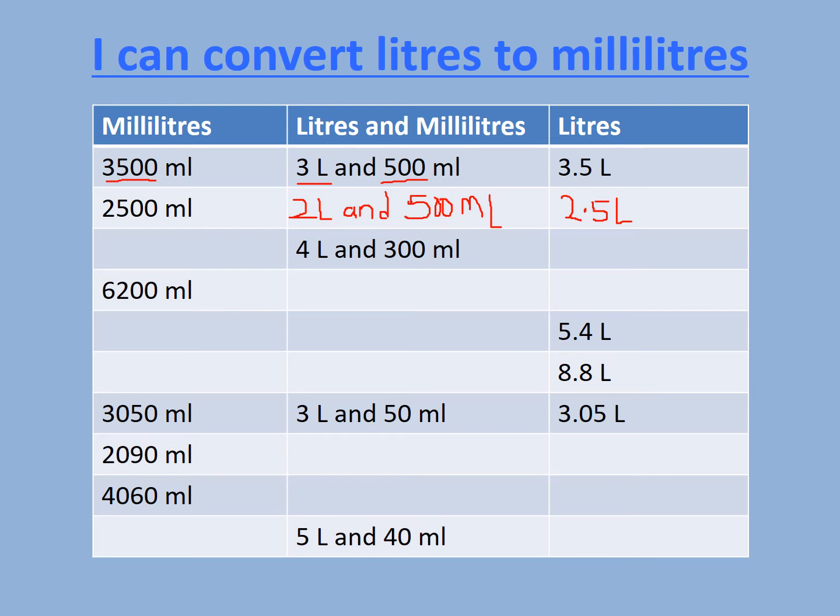Okay, they've given us just liters and milliliters. Now how do we do this? For milliliters, how many would this give us? We have 4 liters, 300 milliliters. So it's going to give us 4,300 milliliters.